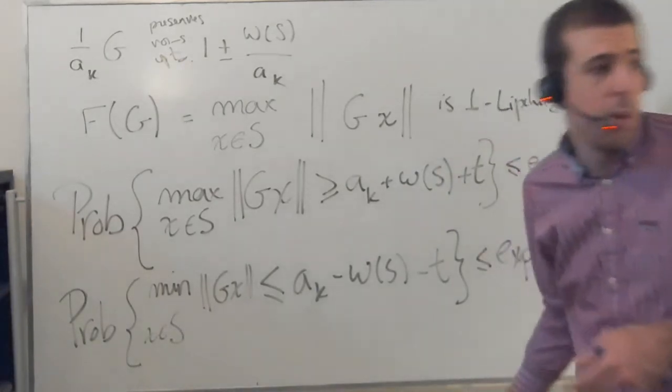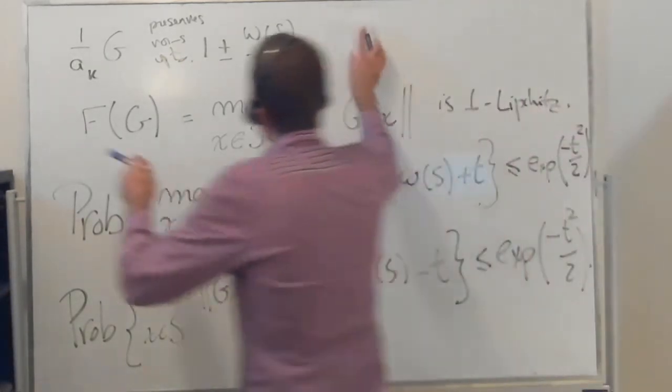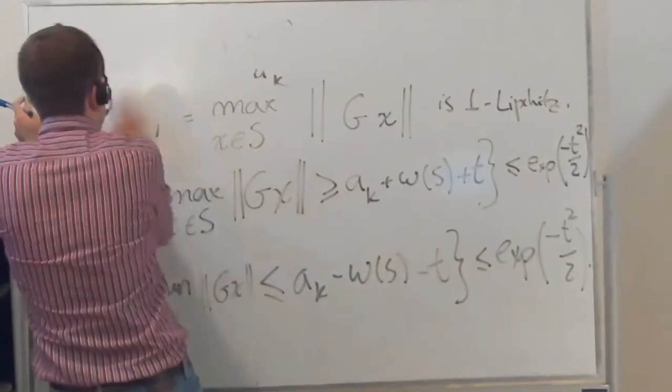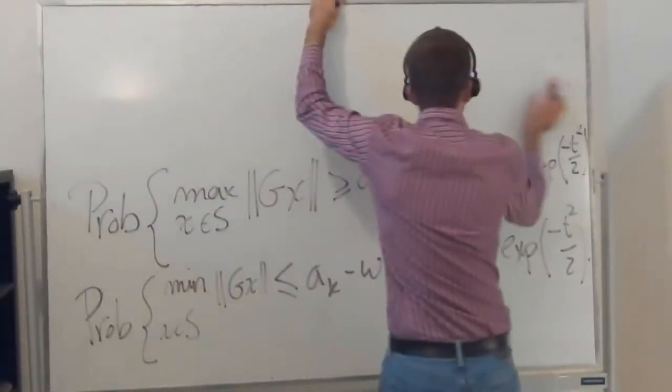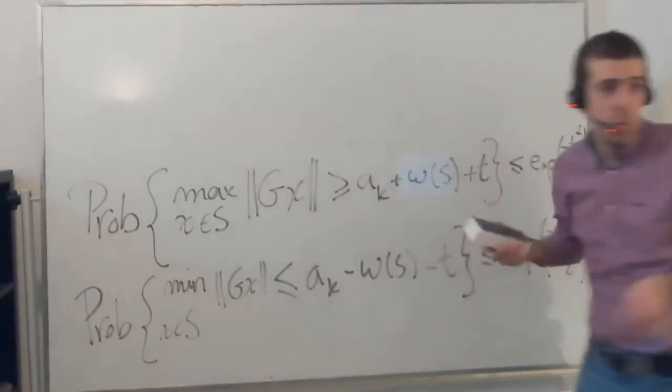So we just have to divide these by AK. Okay. So we get a statement with bounds.